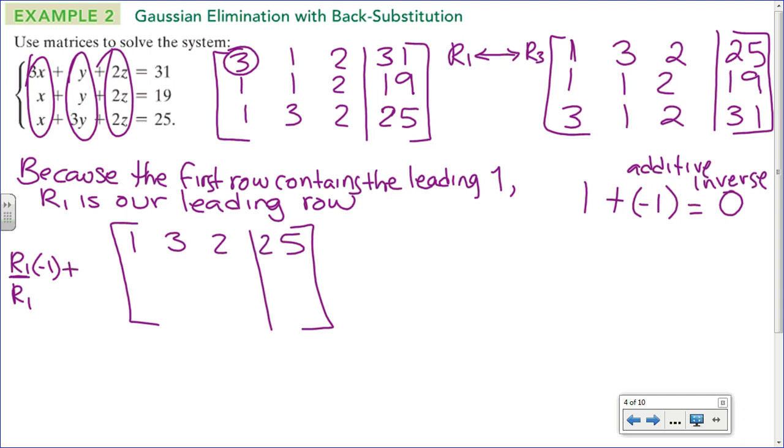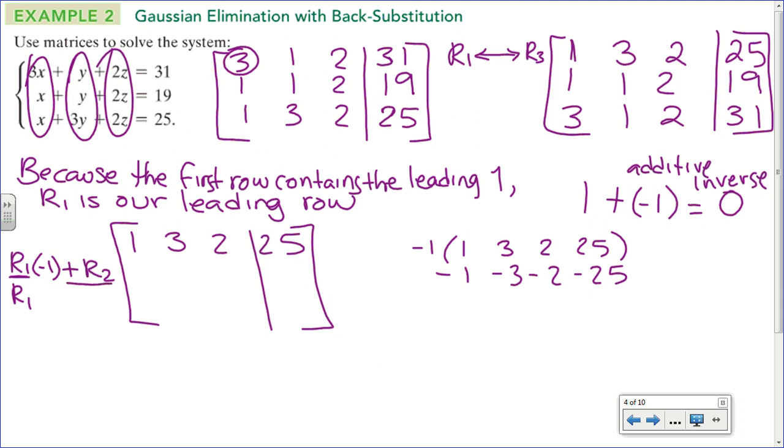So here we're going to change R2, so we're going to add it to R2. And I'm going to write down my scratch work here, but you guys can write it on the side of your paper if you want. So I would say R1 times negative 1, so it will be this 1, 3, 2, and 25. So that will give me negative 1, negative 3, negative 2, negative 25. And then I'm going to add R2.